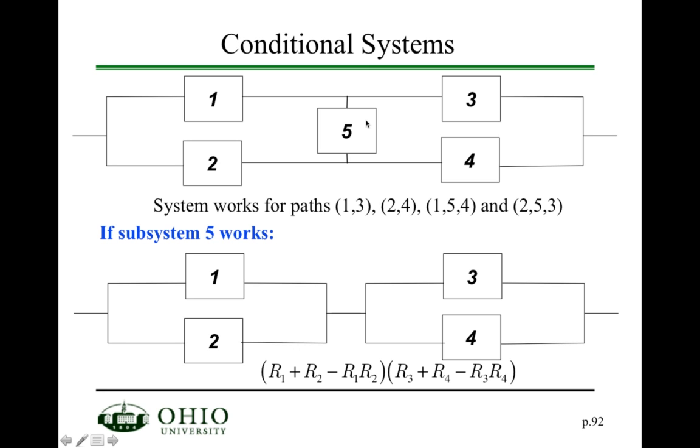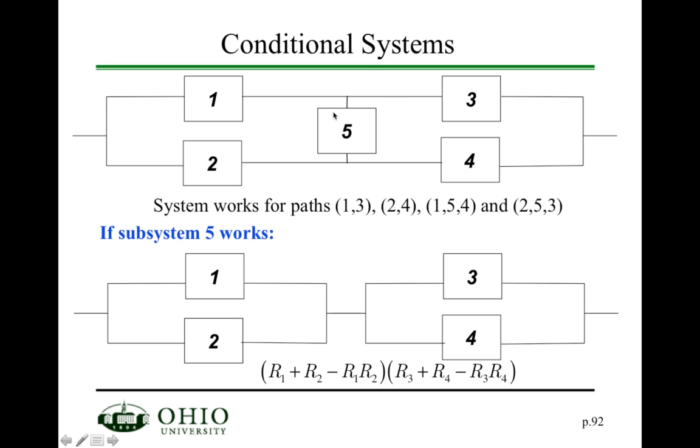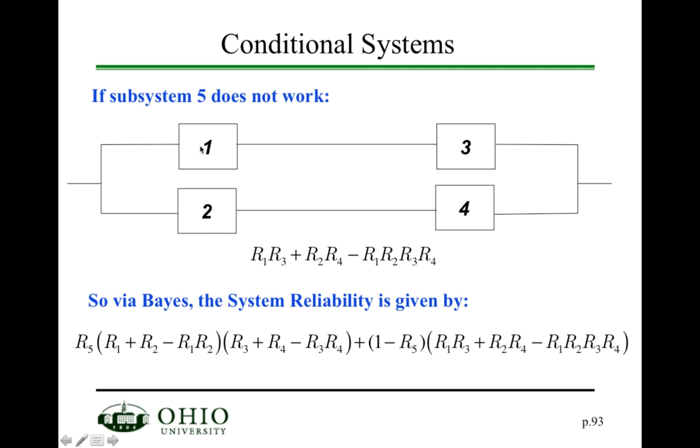We can say, first of all, 5 works. In that case it becomes just 1 in parallel to 2, and 3 in parallel to 4. And the other case is that 5 does not work, in which case this connection from that point to that point is broken. So this becomes 1 in series to 3, in parallel with 2 in series to 4.